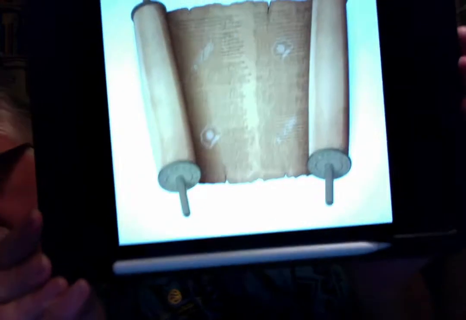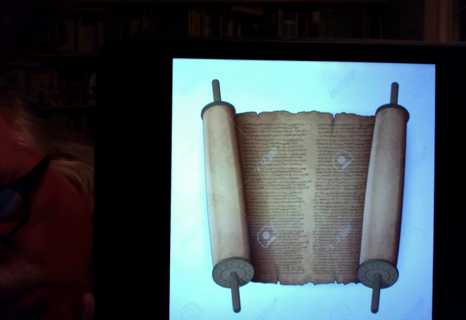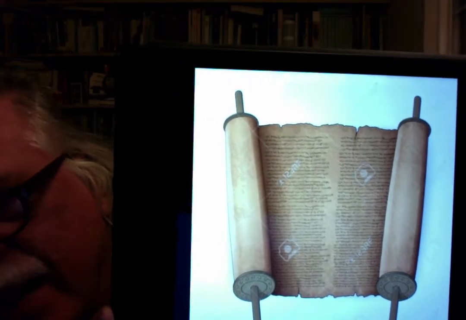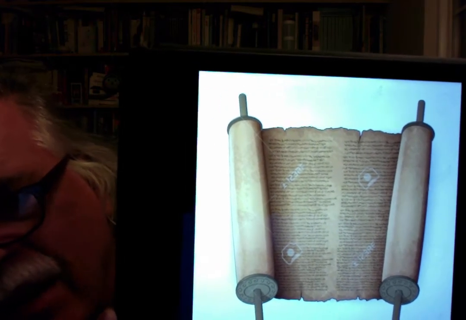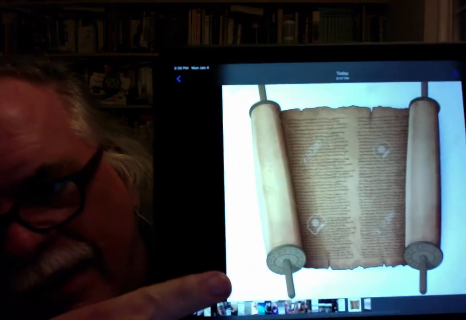And then there were books long time ago, and they didn't look anything like the books that we have today because they did them in a different format. And I want to show you this, okay? So take a look at that. So it's two rolls of paper, and it's a very, very long piece of paper. And they write across the paper like that, and they unroll one end and roll it up on the other end.